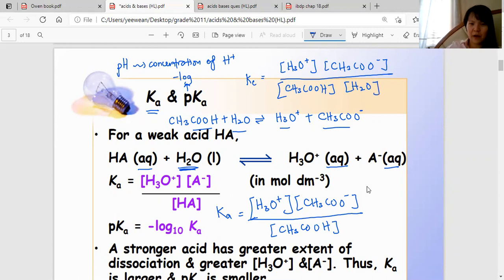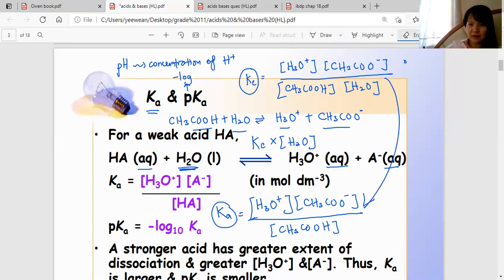Okay, if you compare Kc to Ka, it looks like Ka is just Kc multiplied by H2O. So if you take Kc, multiply by the concentration of water here, you'll cut it off, right? So isn't it equal to this already? So Kc multiplied by water will equal Ka. That is the acid dissociation constant.